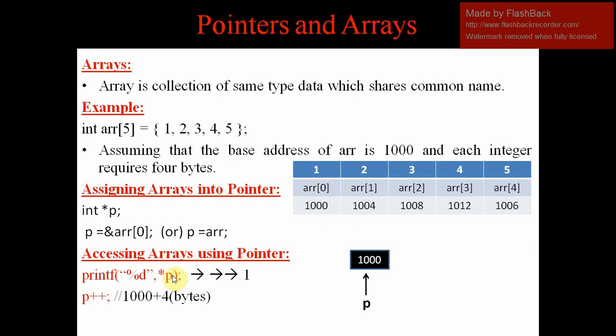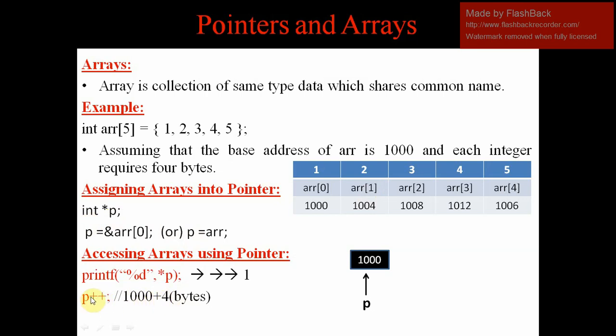What is p? p is a pointer variable. p contains 1000. I am giving p++. It is nothing but p plus 1. Here it is not increasing 1000 plus 1. Instead it is increasing 1000 plus 4 bytes. Why 4 bytes? We have declared this pointer as integer, so it is increasing 1000 plus 4 bytes.